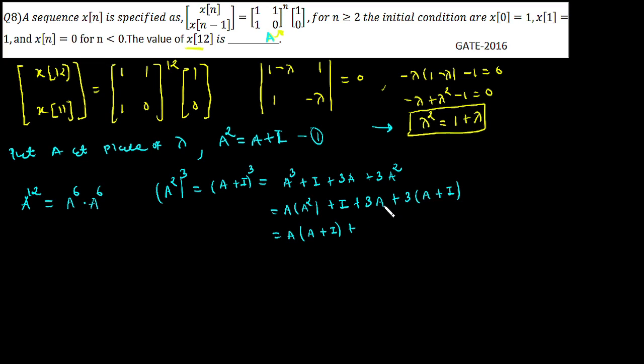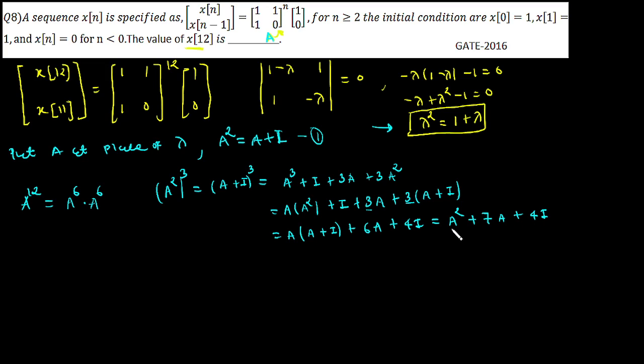So let's do some simplification. We are getting 6A, 3A here, 3A, and we are getting 4A. Now if we multiply this A with this bracket, we are getting A square, plus again we are getting A. We already have 6A, so we are getting 7A plus 4I.